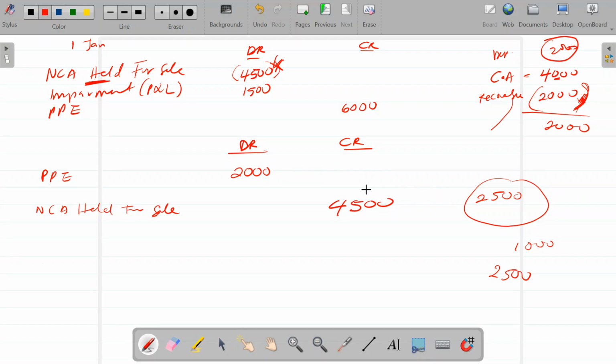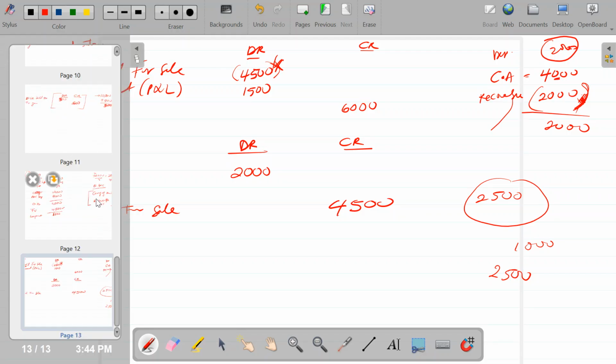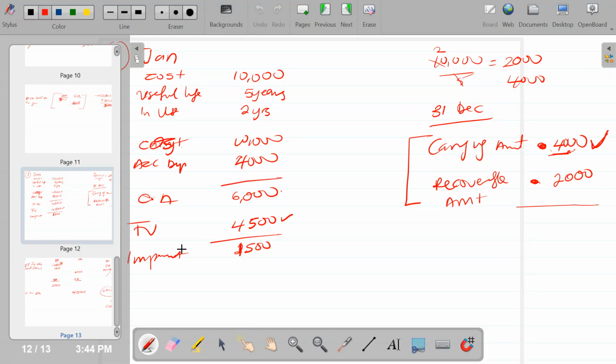Okay, 2,500. Then can we recognize it as impairment and debit it? Just a moment.